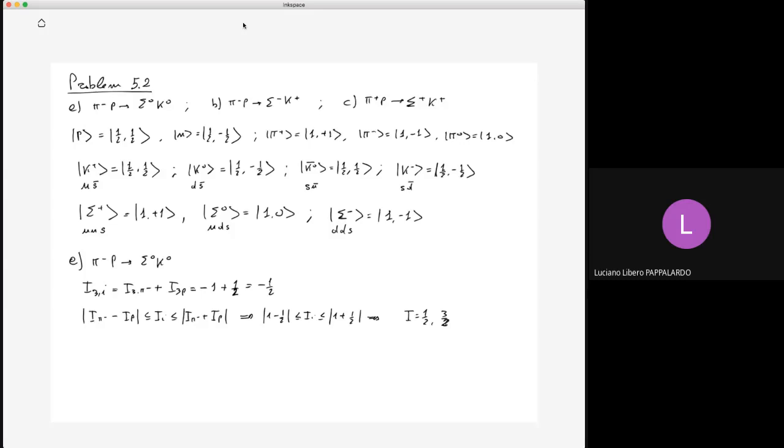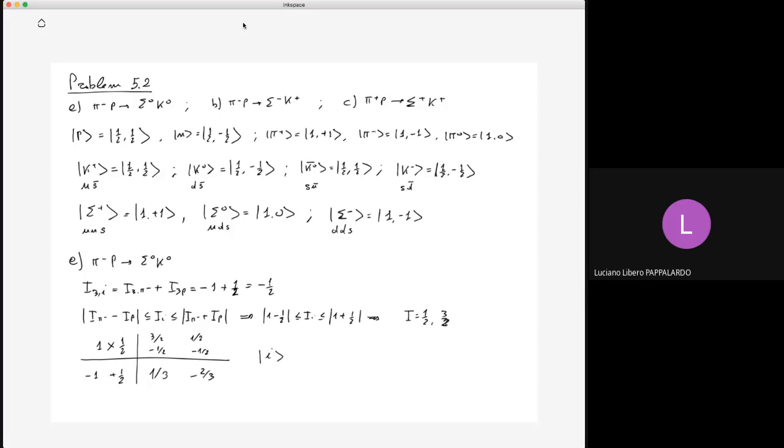So let's take the Clebsch-Gordan coefficients. This is the table 1 times 1/2. Then we have 3/2, 1/2, minus 1/2, minus 1/2, minus 1, plus 1/2. And the values are 1/3 and minus 2/3.